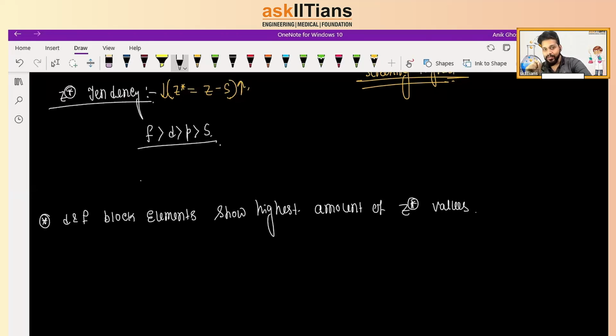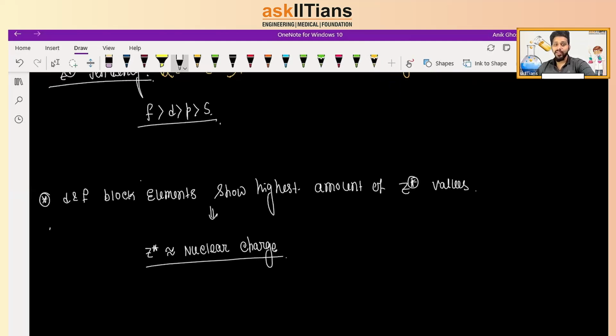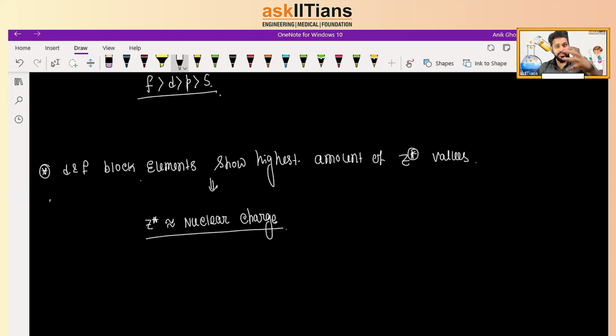Right? Now, what can this high Z star value cause? Let's talk about that as well. As the Z star is high, we can say that Z star is equivalent to the nuclear charge. We also call it the effective nuclear charge. Nuclear charge or the effective nuclear charge, same thing. So as the Z star value is increasing, that means the nuclear charge is increasing.